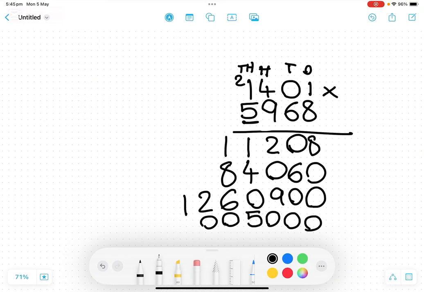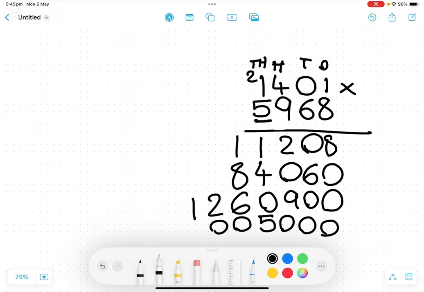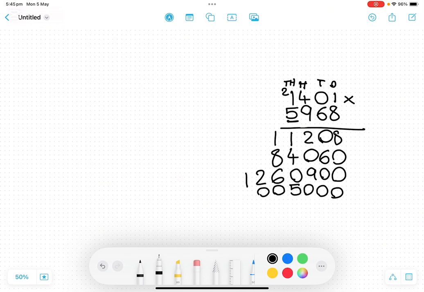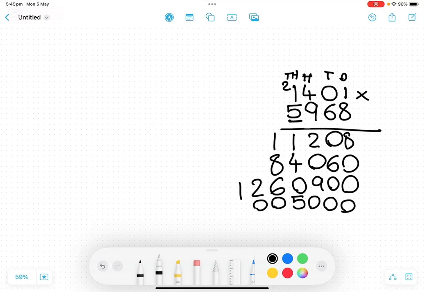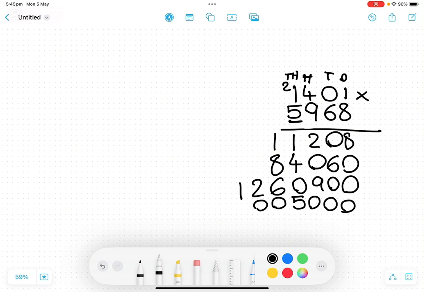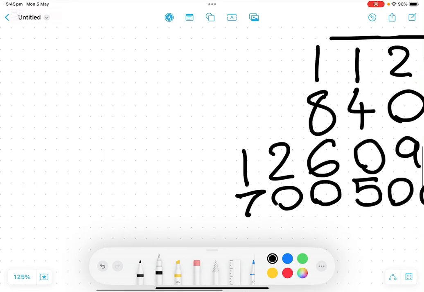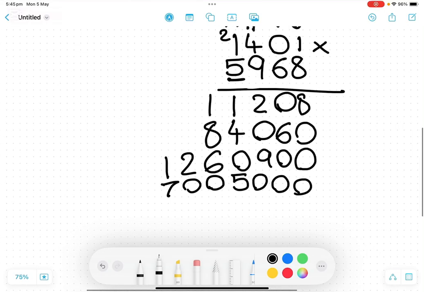And then 5 by 1 is 5, plus the 2 is 7. Okay, I know I'm taking a long time. Yeah, finally. Okay, put the 7. And now you've done all of that.